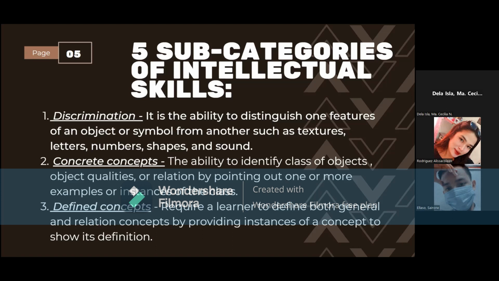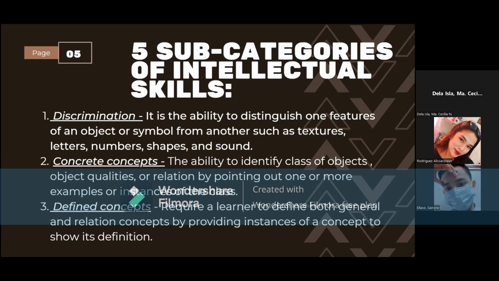Next is the defined concepts. This requires a learner to define both general and relational concepts by providing instances to show its definition. Basically, this refers to a concept that is explicitly defined through a set of criteria or characteristics.